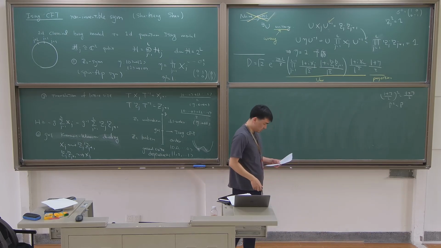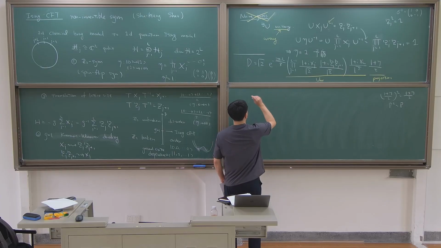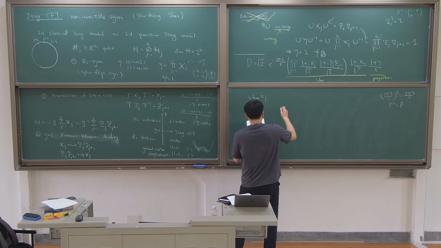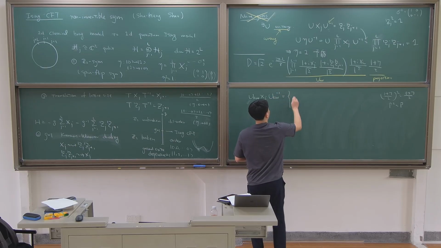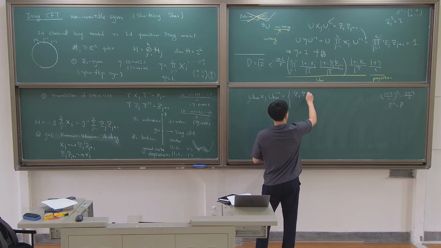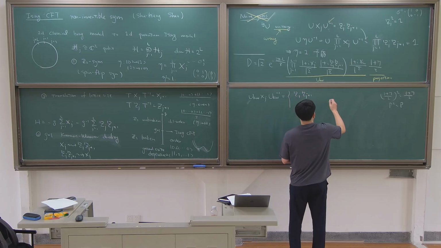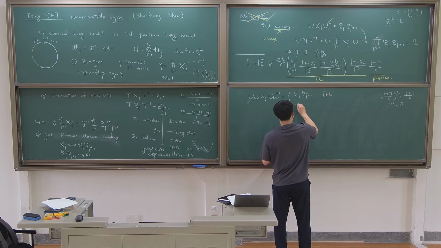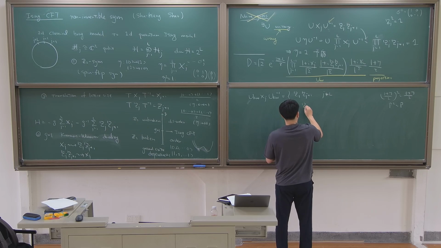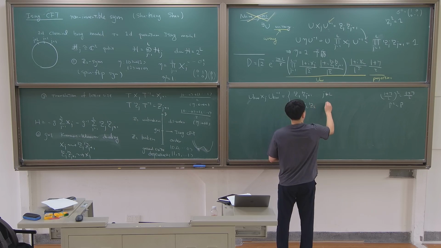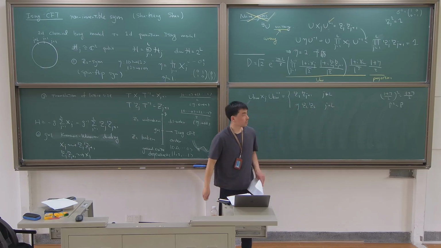So why do we consider this kind of operator? If you use this property, one can show that U cross 1 times Xj times U cross 1 inverse is equal to the following: Zj Zj plus 1 for j not equal to L, which behaves almost like what we want. But here you have an eta times ZL Z1 for j equal to L. So there is some extra factor.